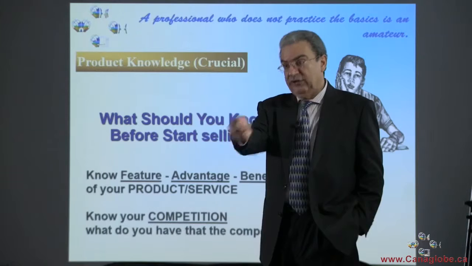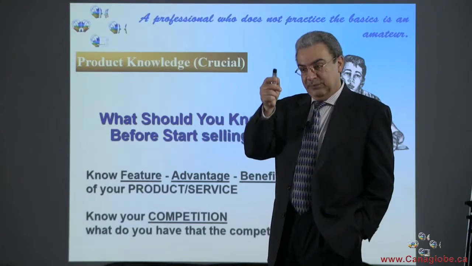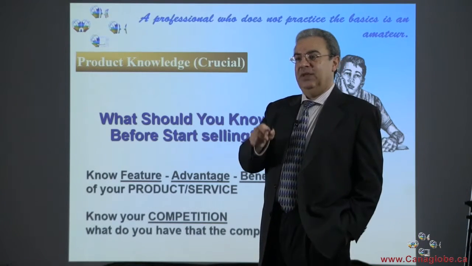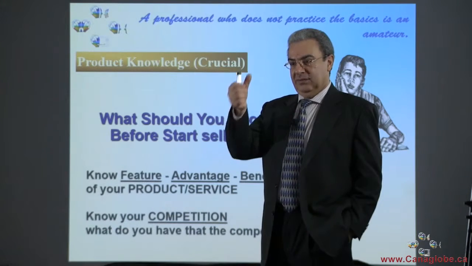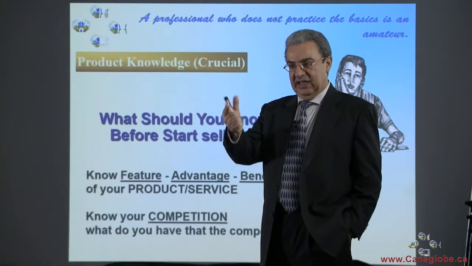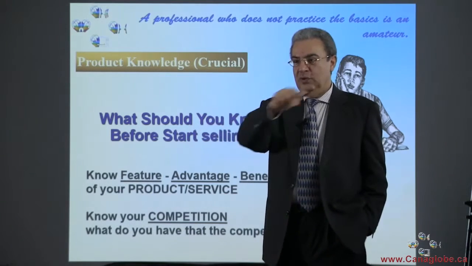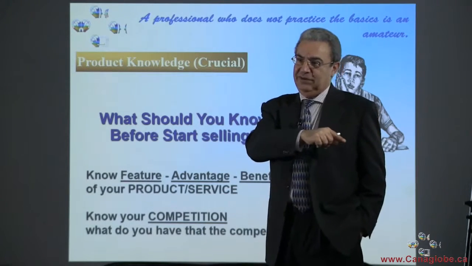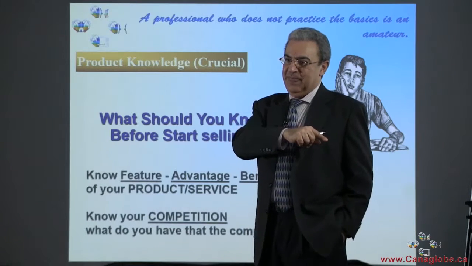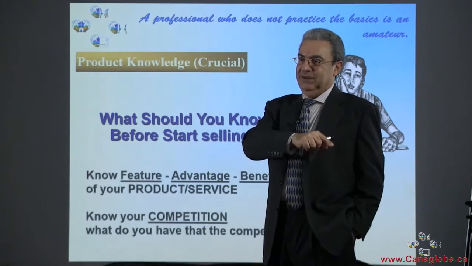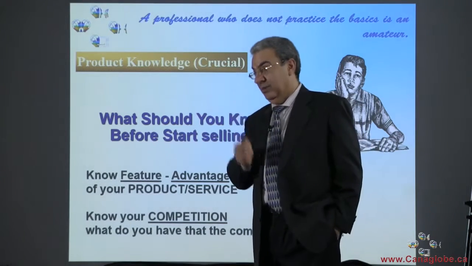If you do not know the complete information about your product, its attributes or features, advantages and benefits, then you do not know how your competitor does. What is your competition? Especially when it comes to tangible products.